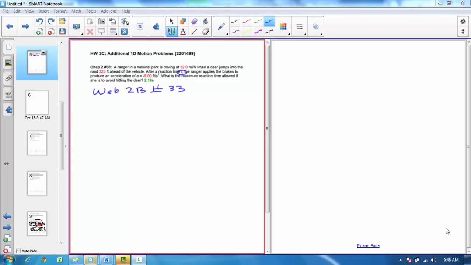All right, so let's draw a diagram here. We've got our x-axis in feet. And we've actually got two phases of motion here. We've got, let me just label this A, B, and C. We're going to call this 0 feet here.